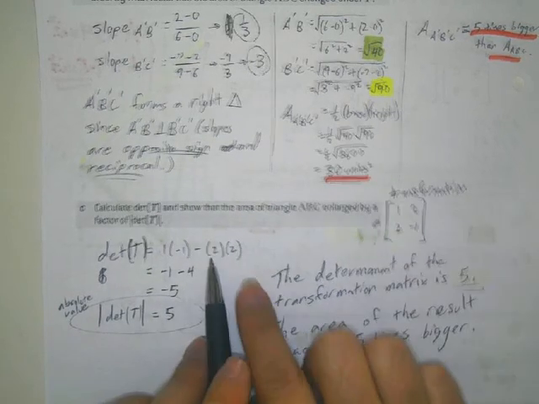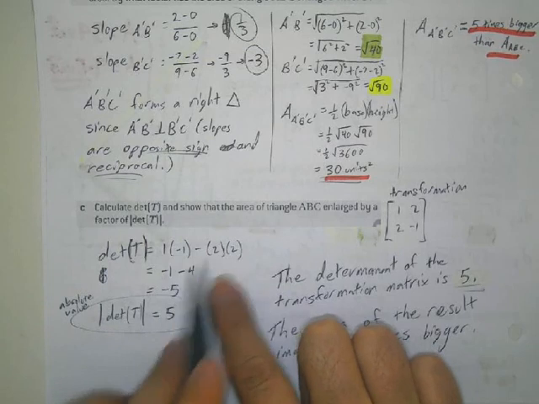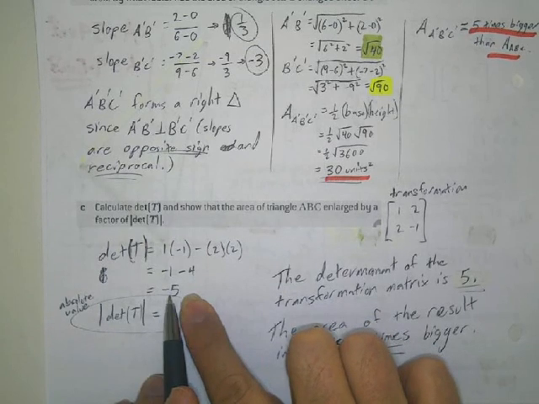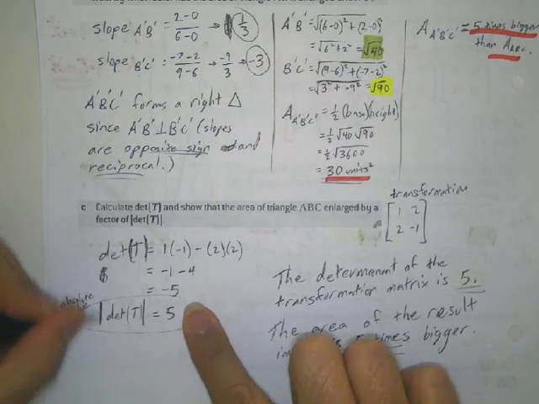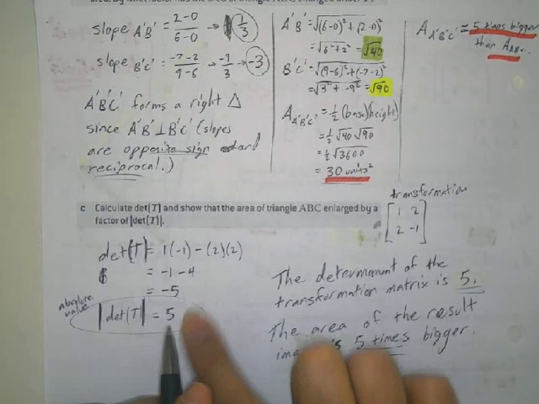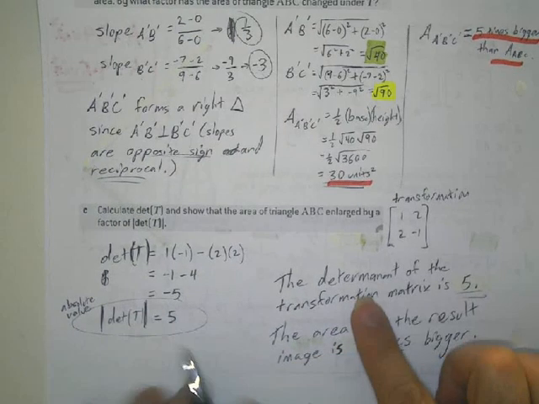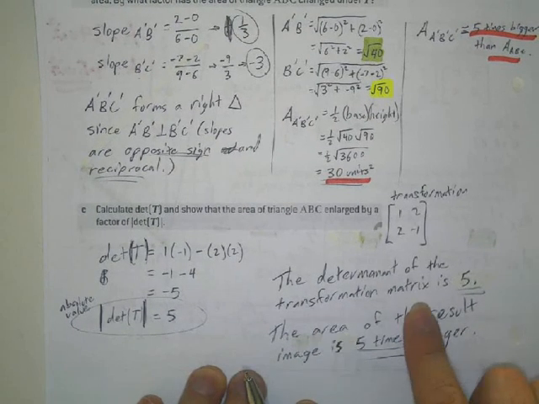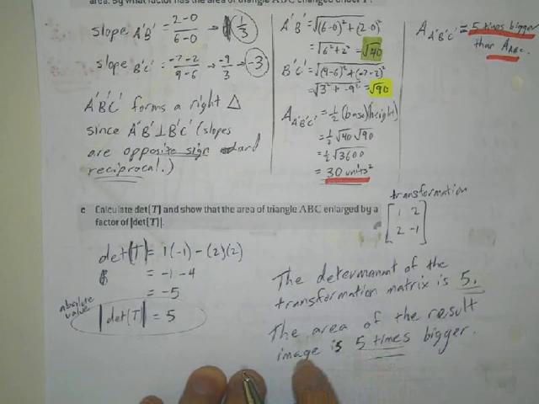And I get negative 1 minus 4, and I get negative 5. And if I take the absolute value of this determinant, we get 5. So notice the determinant of the transformation matrix is 5, and the area of the resulting image is 5 times bigger. Interesting.